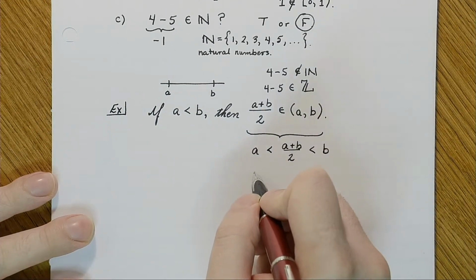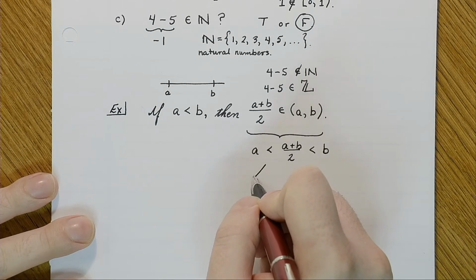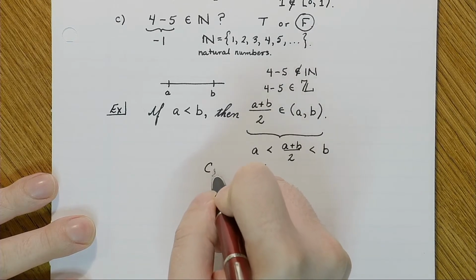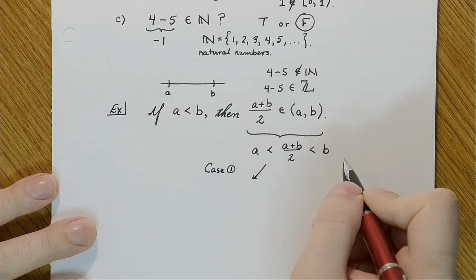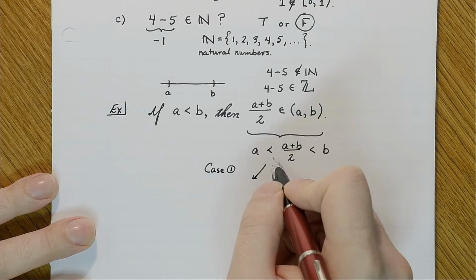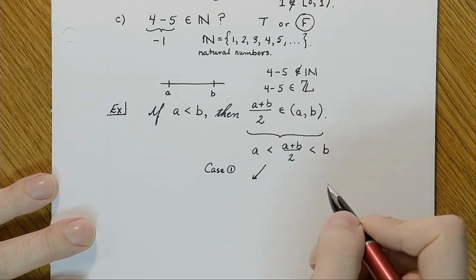This ends up breaking down into two cases, because you treat these as inequalities. They're inequalities, but there are two of them, and we treat them as such.